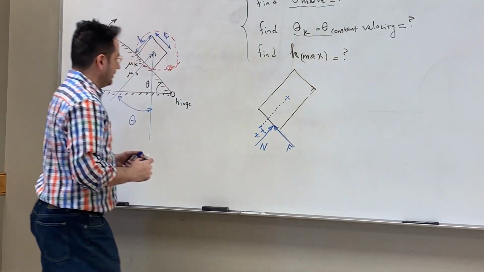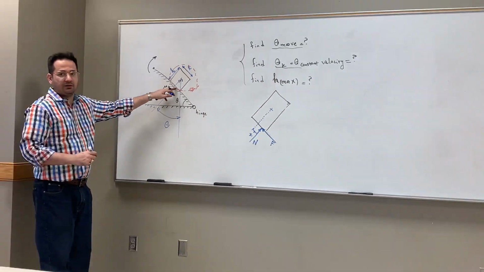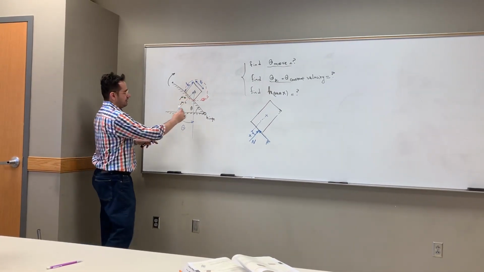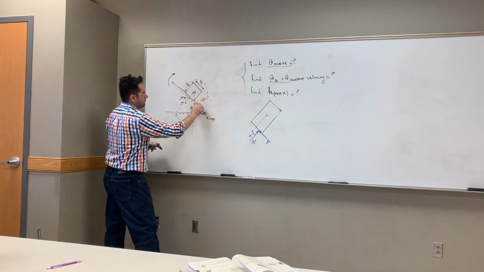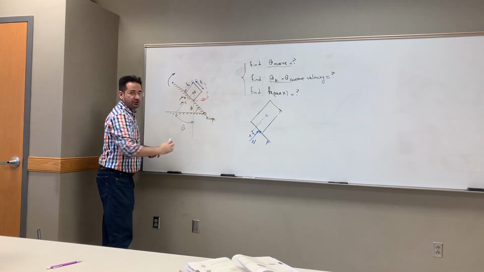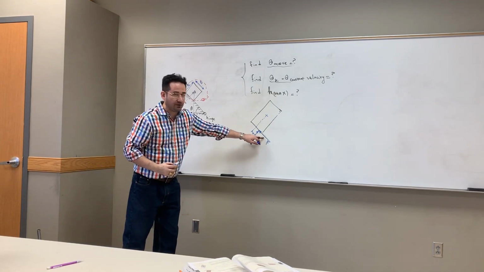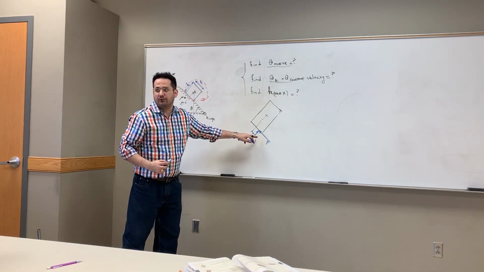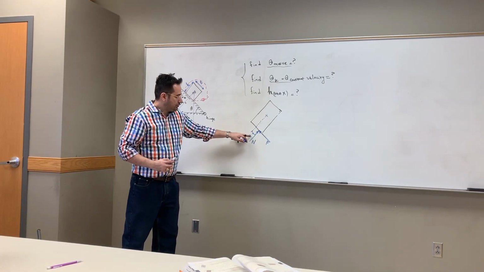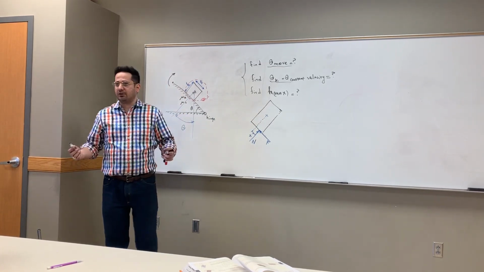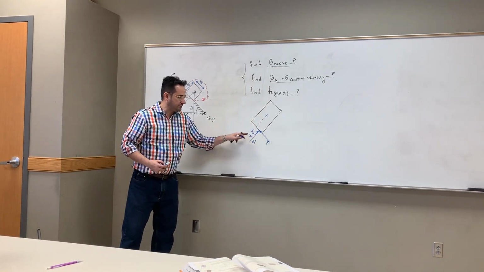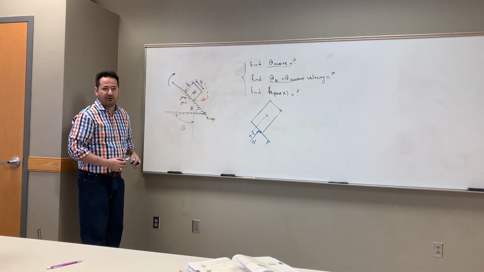The friction force is an unknown value F, but we know it's opposite to the potential direction of movement. The normal force is always upward, and the location with respect to center is unknown. So we have three unknowns, 1, 2, 3.